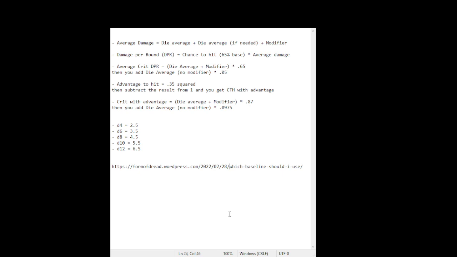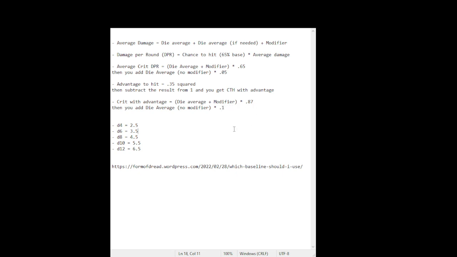So now what we do, since we have an 87% chance to hit, your crit essentially gets squared. So you take 0.05 and then you multiply it by 2, which should give you an average of 10%. And it usually is 10%.